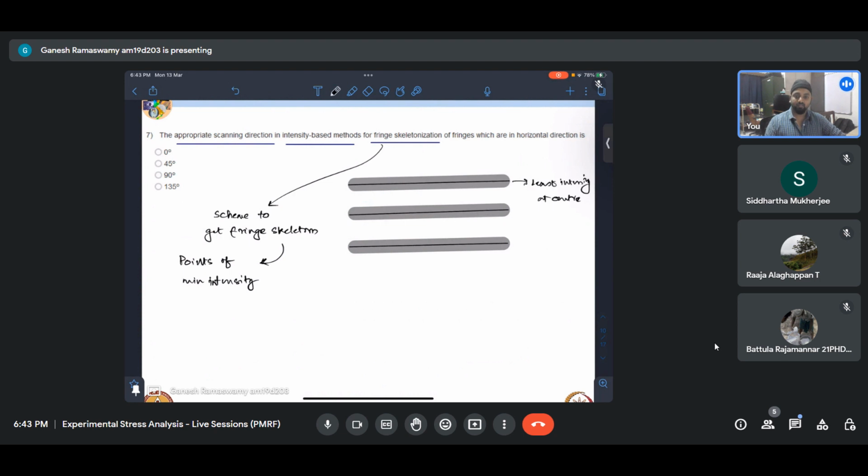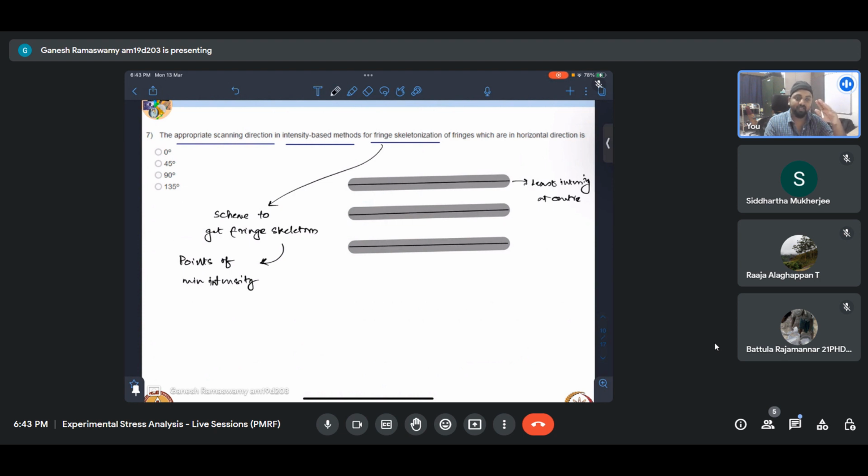So why do we want to do that? Because if we see the fringe as a band and we were to collect points from that, we need to know how the fringe actually is. We are not able to discern it with our eyes or with the camera because of the limitation of sensitivity. But nonetheless, there will be one fine line along this fringe where sigma 1 minus sigma 2 is maintained the same.